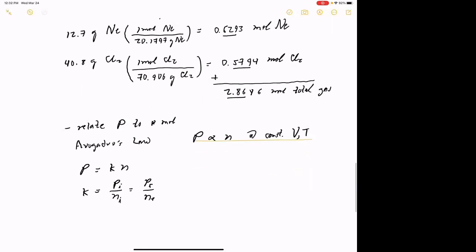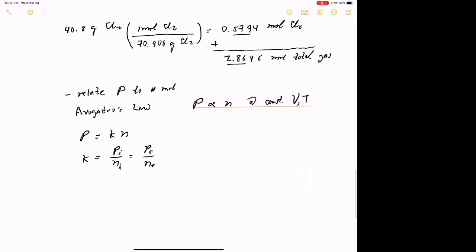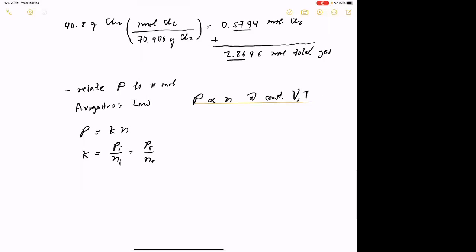But now what I want to do is set these initial and final situations up so I can relate them just like this. So I could say, for example, that the pressure of the Cl2 divided by the n of the Cl2, and it doesn't matter which one I set as initial and final, is equal to P total, which is for the total mixture, divided by n total.